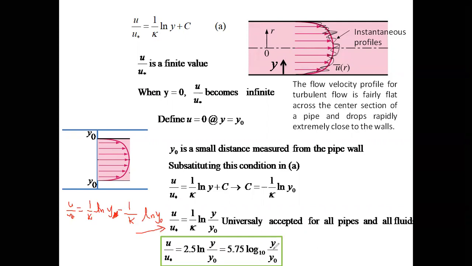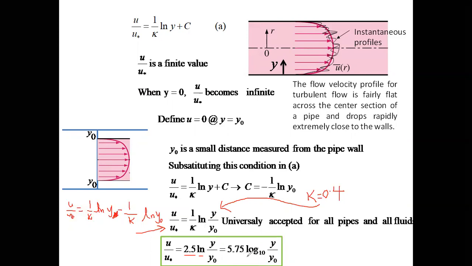Therefore, what is the value of k? The value of k, the common coefficient, equals 0.4. You learned previously 0.4. If you substitute 0.4 instead of k, you will get u over u star equals 1 over 0.4, which is 2.5 ln y over y naught.